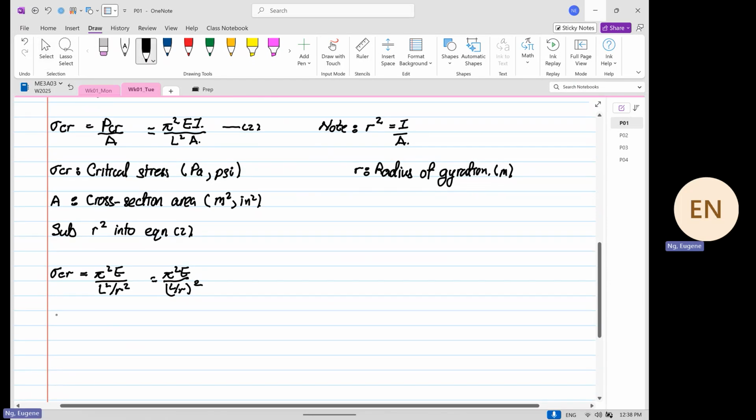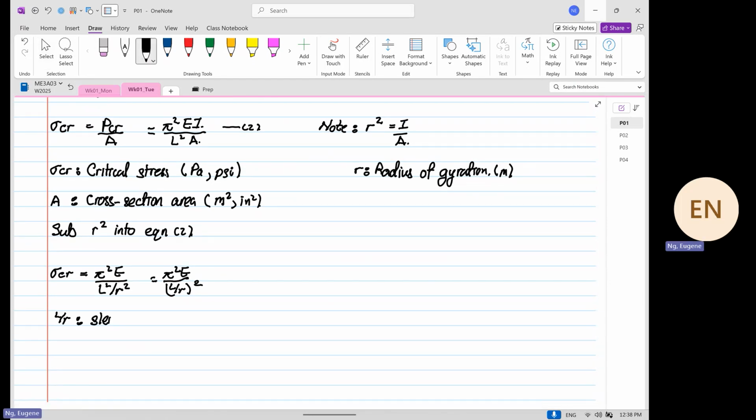Now, the term L over R is known as the slenderness ratio. Okay. The L over R term is known as the slenderness ratio.